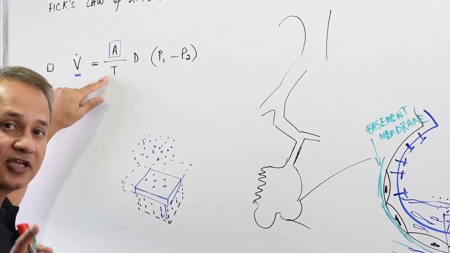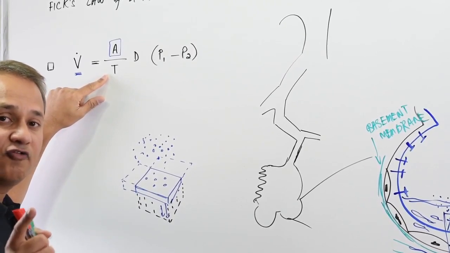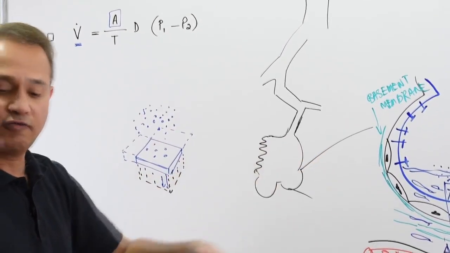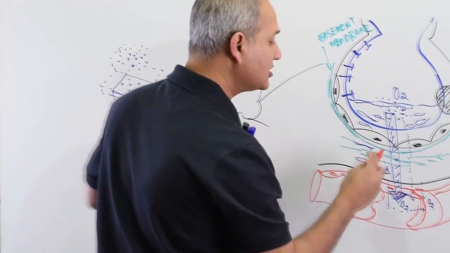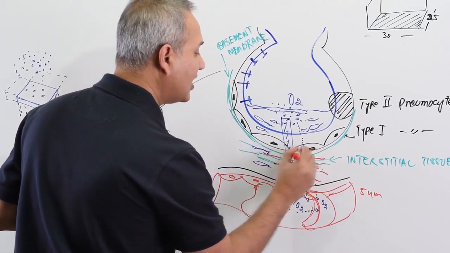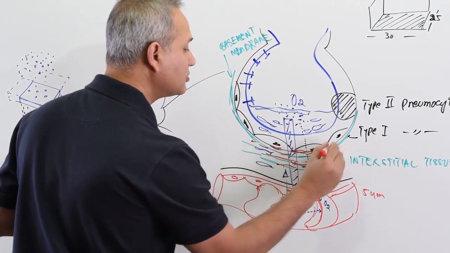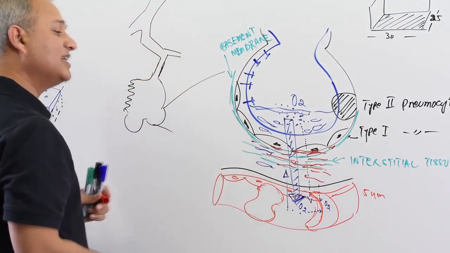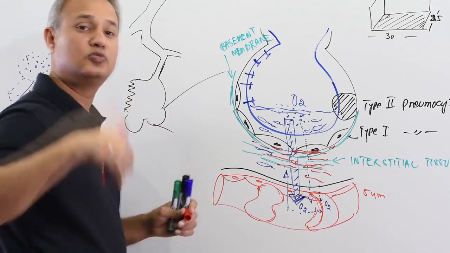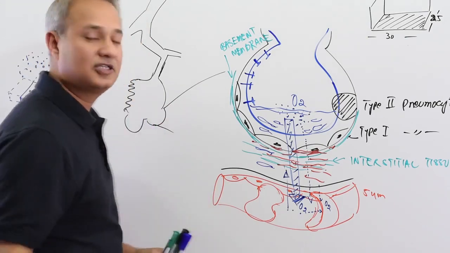How can we change the thickness? By causing fibrosis, by causing edema. Fibrosis means what? More collagen sits here, more elastin sits here, scarring happens, inflammatory tissue is present, inflammatory cells are present, repair cells are present, repair tissue is present, smooth muscles are present, dead tissues are present, right?